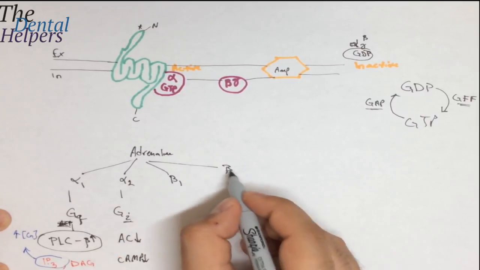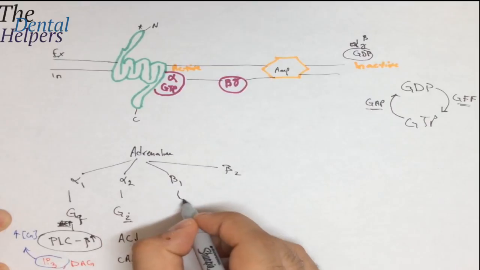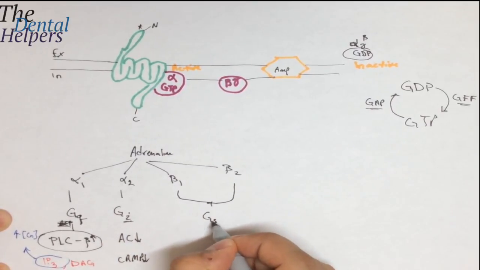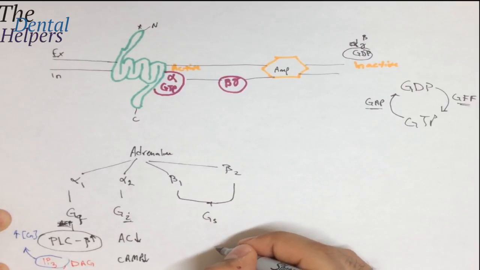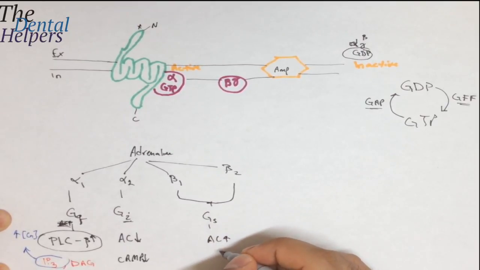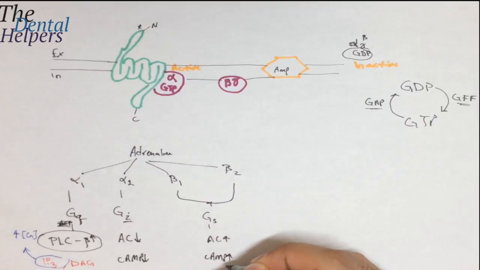Next we have beta-1 and beta-2, and both of these are involved with GS. GS is what increases adenyl cyclase. And as you probably guessed, cAMP is going to increase as well. And you may ask, what's the point of any of this?